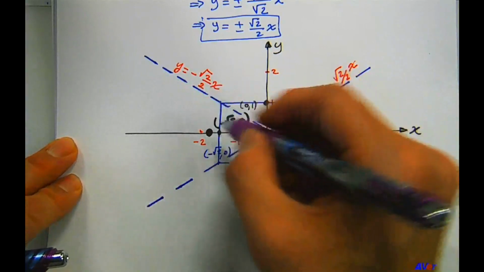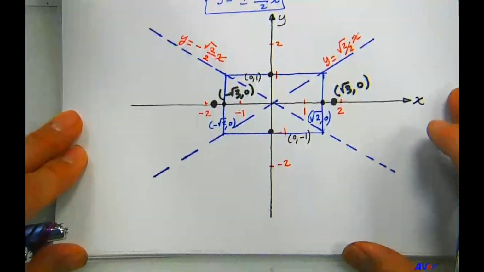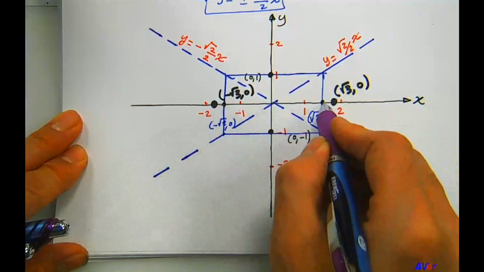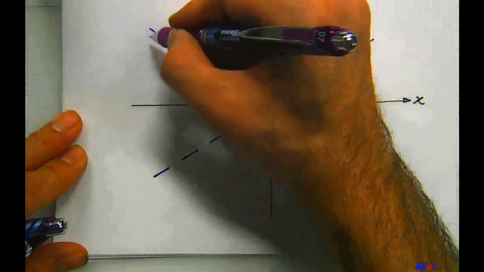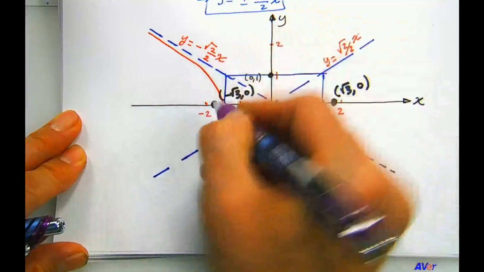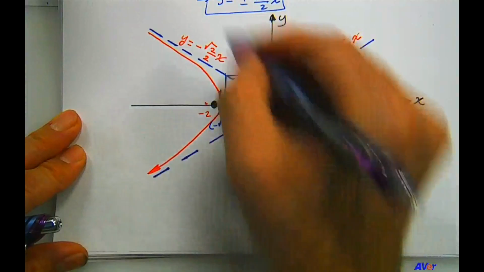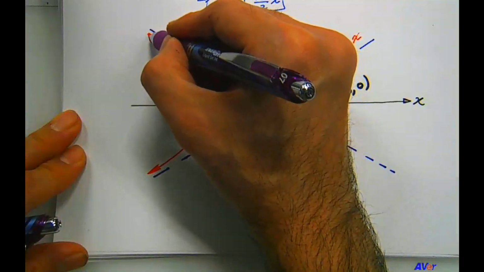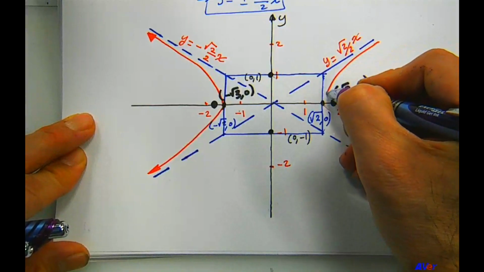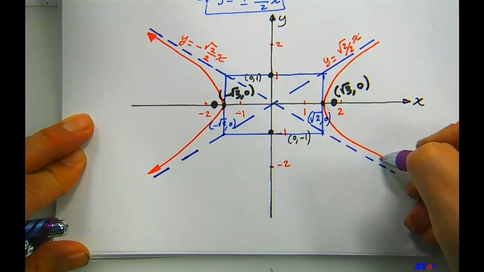And of course, finally, let's draw the hyperbola itself. So these are the two vertices, right, on the central box. So I will come this way, like that. Like this, and another curve going through that vertex like that.